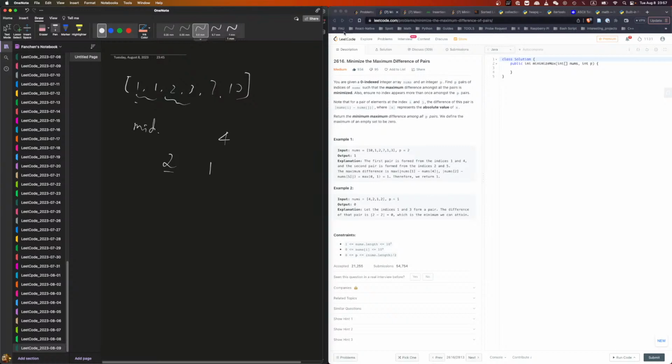I mean, the smallest it has to be this, right? So maybe we can find the difference. Right, this is the difference.